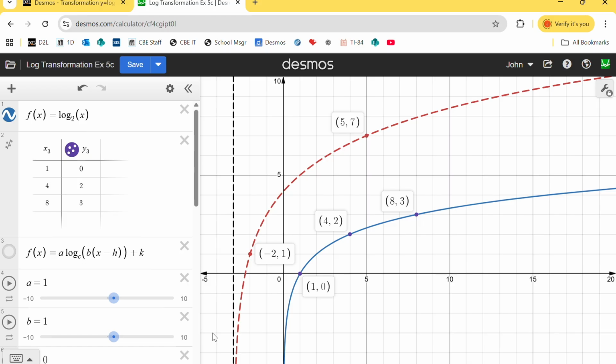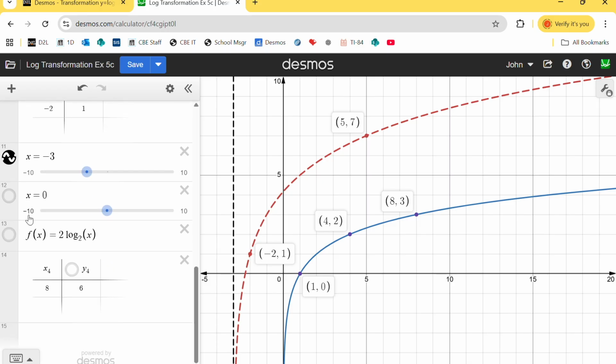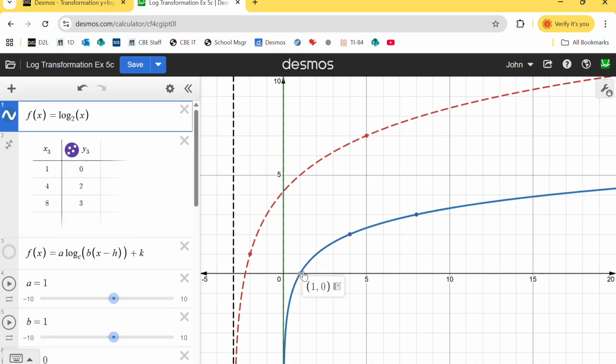One of the clues I have here is that, let me throw in this green line here. This is the vertical asymptote for this blue graph right here. So that's the vertical asymptote.